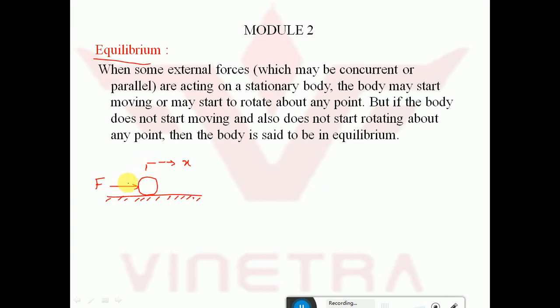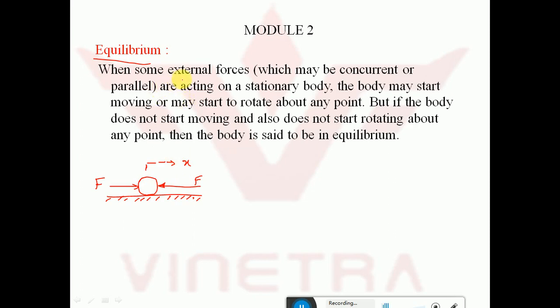Okay. Then what I will do, I will apply an equal and opposite force in the opposite direction. Then what happens? The ball will come to stagnation, or it will come to rest. That is, the ball will not move from its position. Then it is called a static equilibrium.